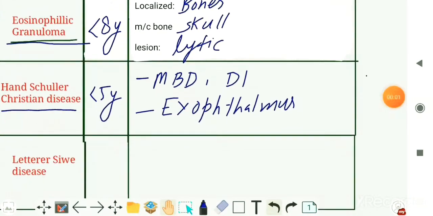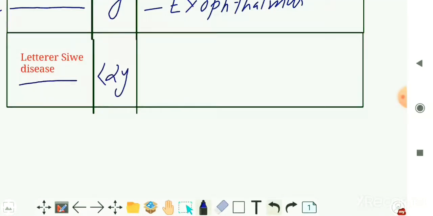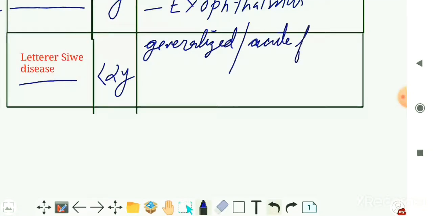The third subtype of Langerhans cell histiocytosis is Letterer-Siwe disease, and the age of onset is less than 2 years. Letterer-Siwe disease is a generalized acute fulminant condition. Acute fulminant means this disease has a very severe onset.